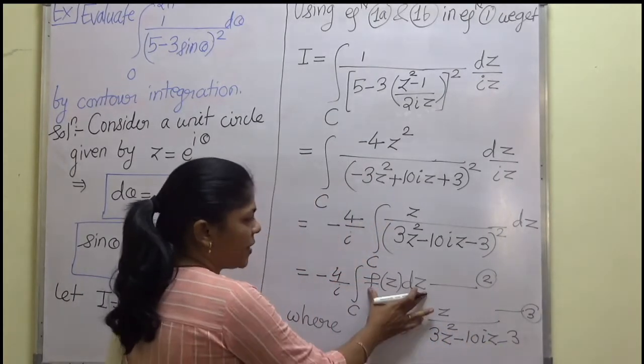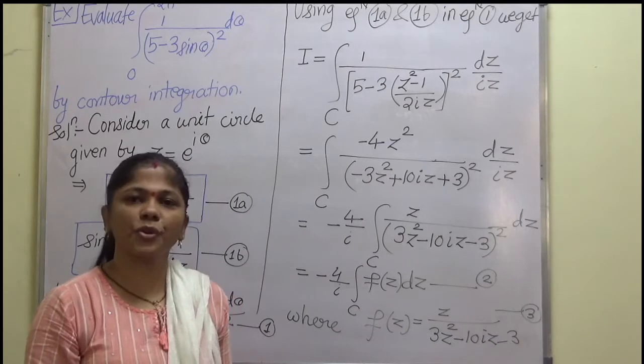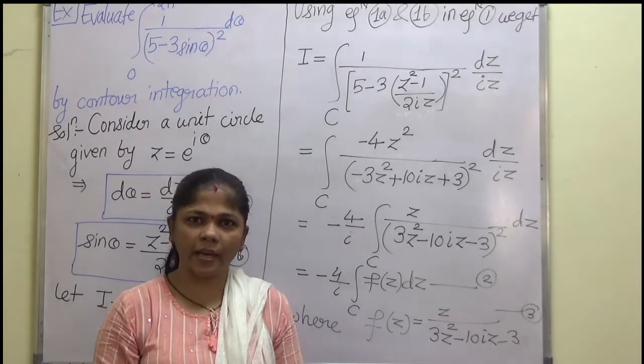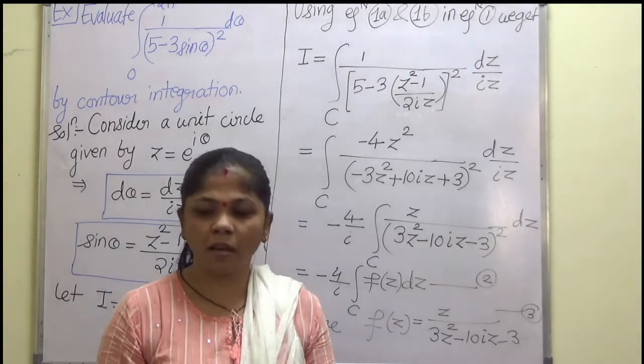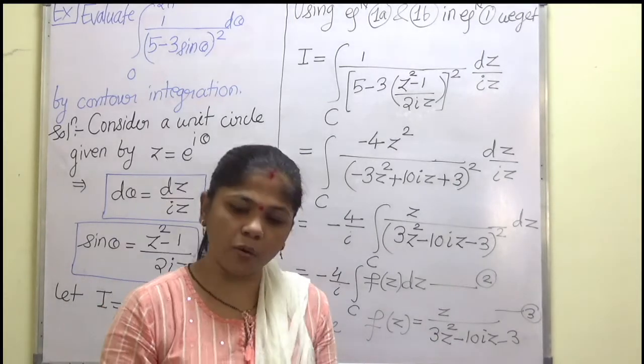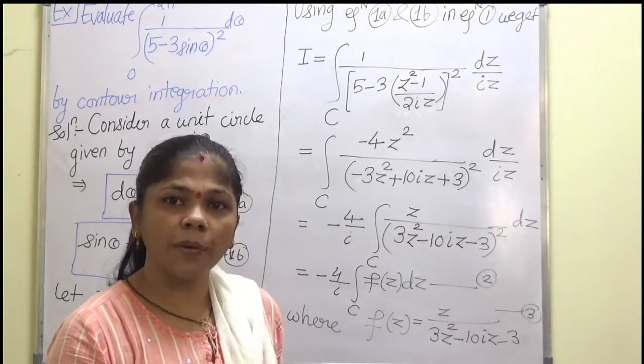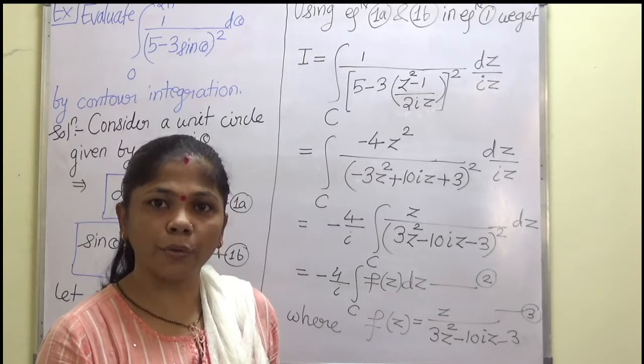Now, as we have obtained this form, integration over C of f of z dz, let us simplify this. For this, we are going to make use of the Cauchy residue theorem.